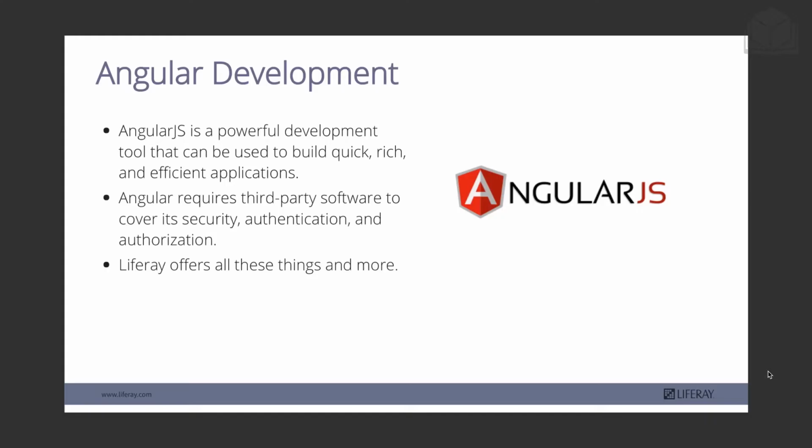Now, AngularJS is a pretty powerful development tool that allows us to create some quick and efficient applications. Some of you may have already worked with this before. It's a little bit different than some of our other JavaScript applications in that AngularJS is actually loaded through Liferay themes. The process to add an AngularJS app would be to create a new apps folder in our source.